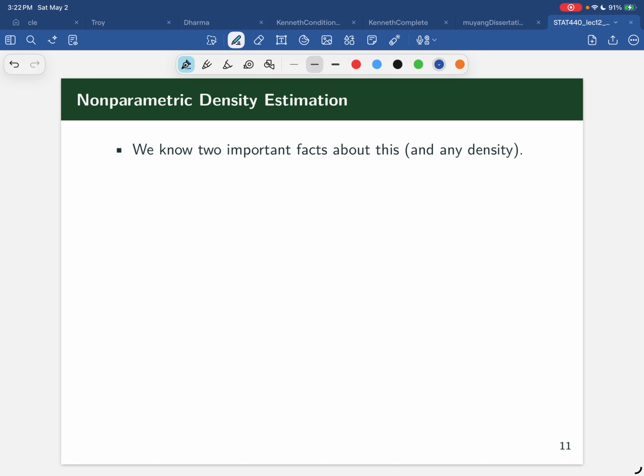I think we mentioned this in the earlier set of notes, but any density function f of x has to be greater than or equal to 0 for all x. It can't take on negative values. And a density over its sample space has to integrate to 1.